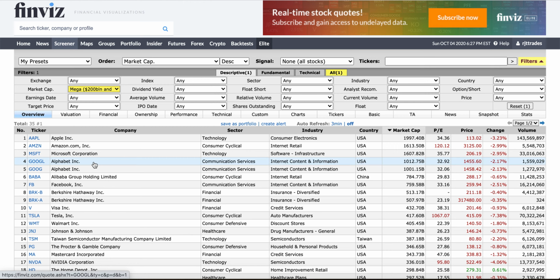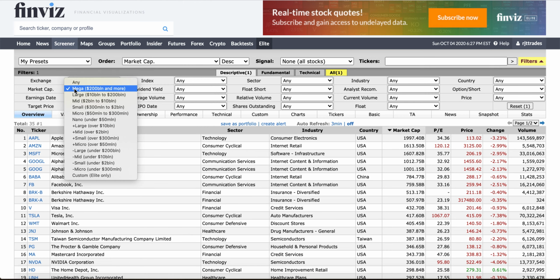Now, we are not doing mega cap, although you can do mega cap or large cap if you want, but I would do mid cap, over 2 billion. It's just my preference. It depends on your criteria.